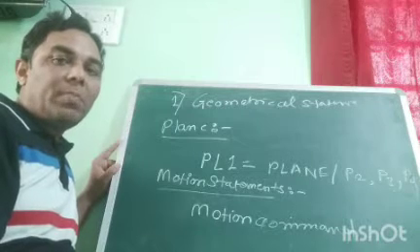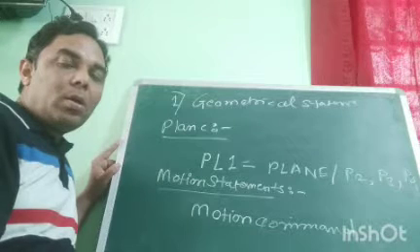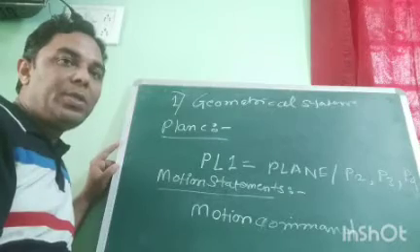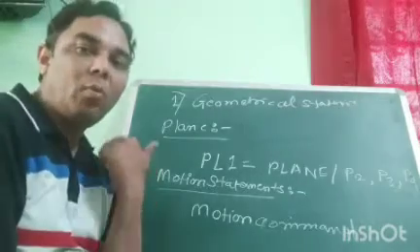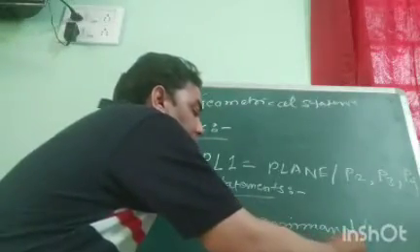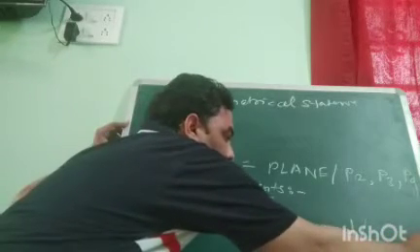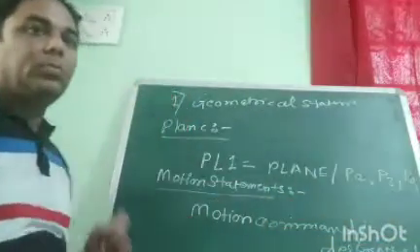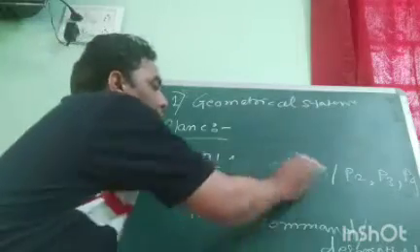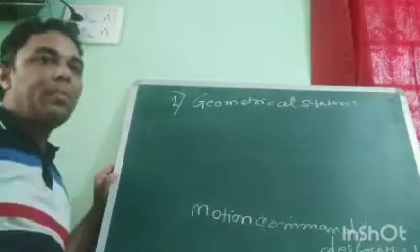For example, if I want to say that the spindle goes to the point P1 or P2, we just write down the description of where we need to place the spindle.